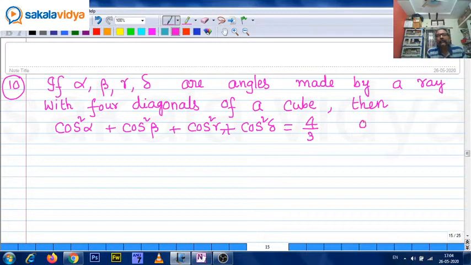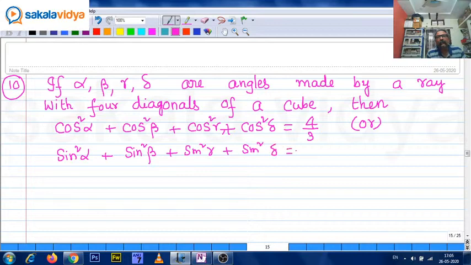Or you can remember it like this also: sin square alpha plus sin square beta plus sin square gamma plus sin square delta equals how much? Very simple. Cos square alpha means 1 minus sin square alpha.